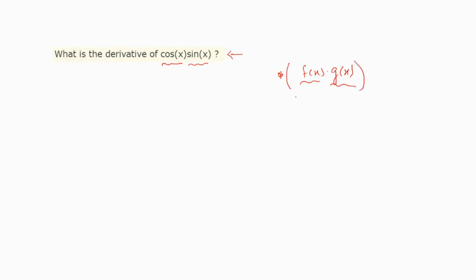Now, if no doubts, then what will be the differentiation of this kind of thing? Cos x into sin x. So, this is in the form of a product. Suppose f(x) into g(x). Two different functions have been given. One is cos x, another is sin x. And this kind of differentiation can be found by using the product rule.